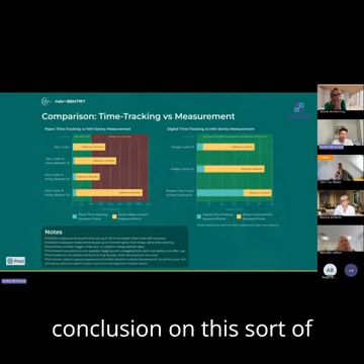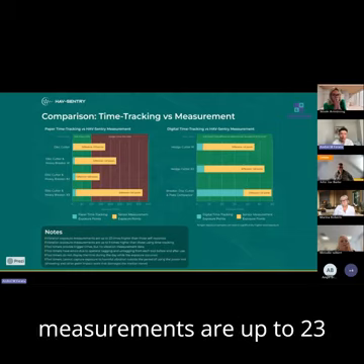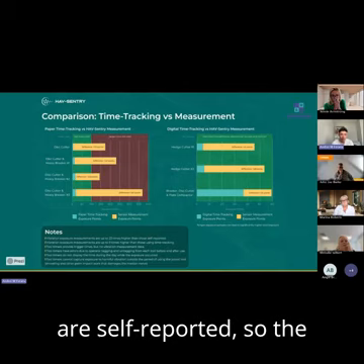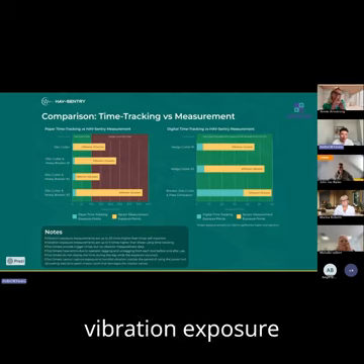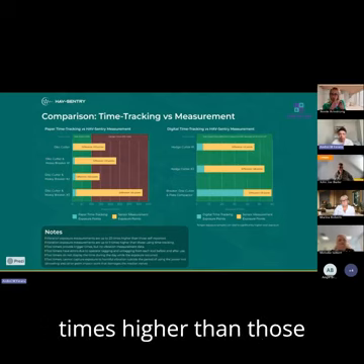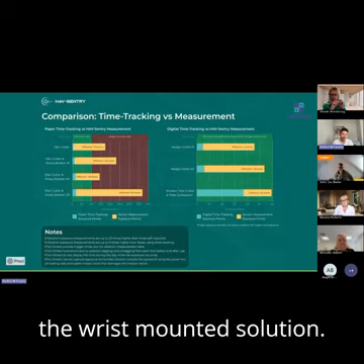So the conclusion on this investigation was that vibration exposure measurements are up to 23 times higher than those that are self-reported, so the paper-based system. And then vibration exposure measurements are up to 9 times higher than those using time tracking, so with the wrist-mounted solution.